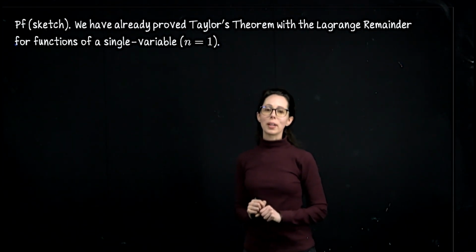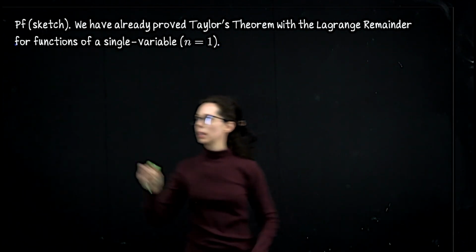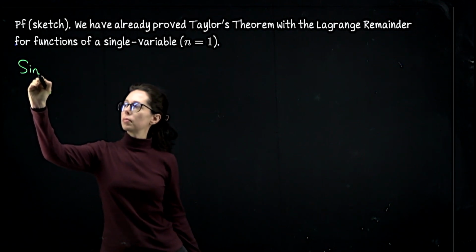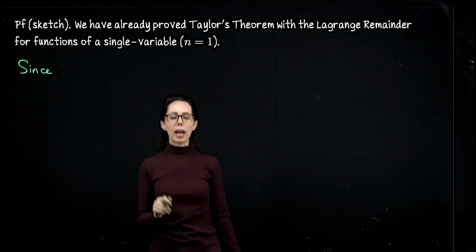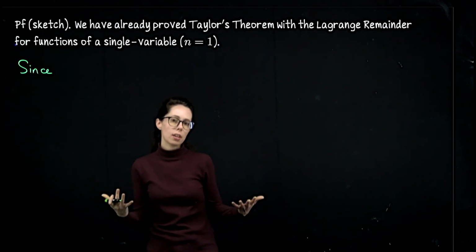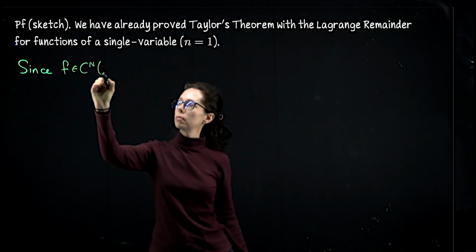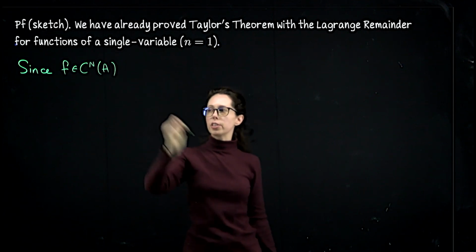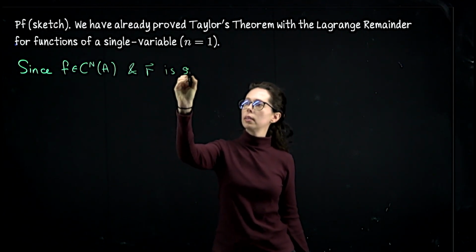Let's now apply the one-dimensional Taylor's theorem with Lagrange remainder to H. First, let me point out that since f is a class C^N function and that parameterized line R was smooth, H is also C^N. So f is C^N on the domain A, and R is smooth.